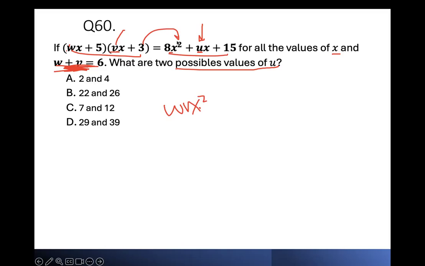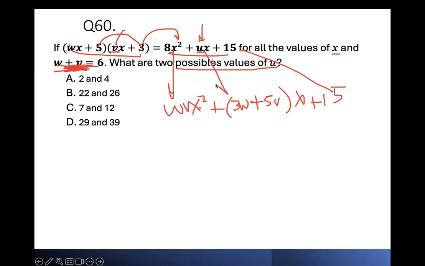The next one, the 3 is going to multiply the W, so 3W plus the 5, the V, will be the x. And then the product of the solution is the 15. You see? That's why this is equivalent to that. This is equivalent to that. And this is equivalent to that. This is going to help you answer questions quickly.